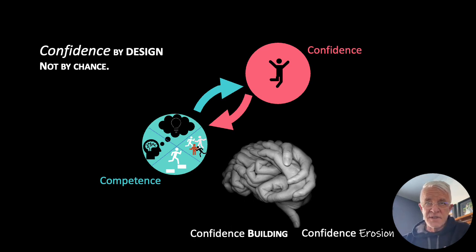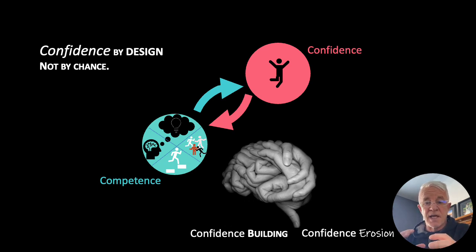So I often say that the first step in moving forward in creating competence and confidence is to get rid of your own erosive behaviors as a pedagogue. You have to step back for a second and think, am I doing something here that's actually not building confidence, which is actually eroding, which is the opposite of what we want?